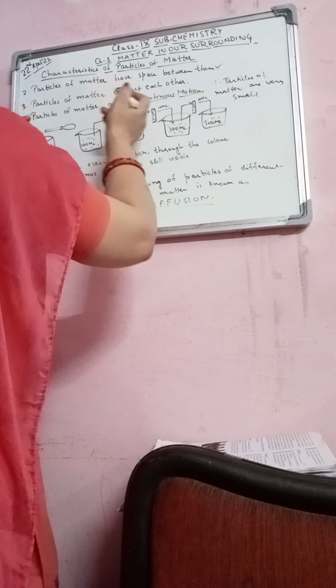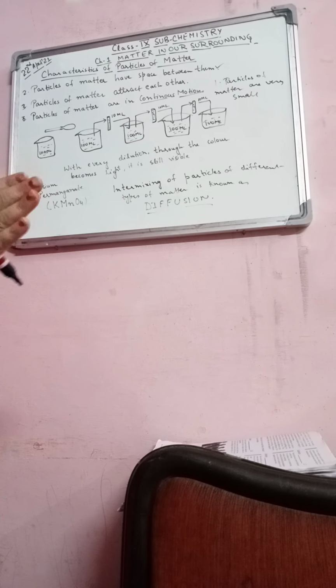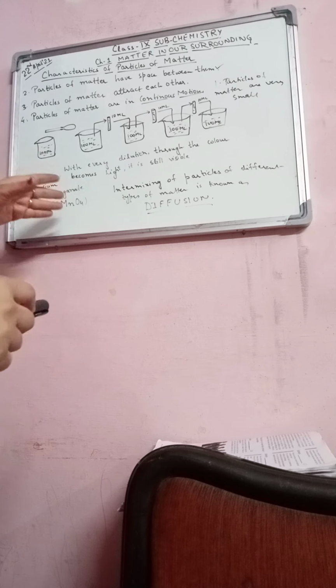First I am going to write here: particles of matter are very small, right? Second, and third is particles of matter attract each other, and last is particles of matter are in continuous motion, right? So these are the characteristics of particles of matter that you have to understand, and through the activities I have explained it all to you.